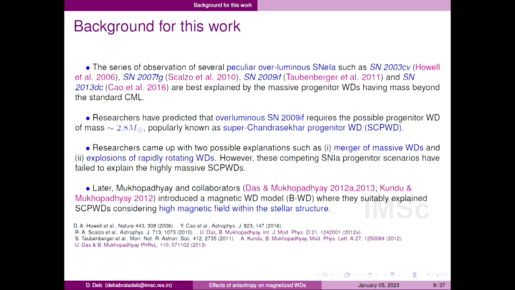Later Mukhopadhyay and collaborators came up with a solution by introducing a magnetic field. They were able to show that they can explain such a highly massive progenitor white dwarf.